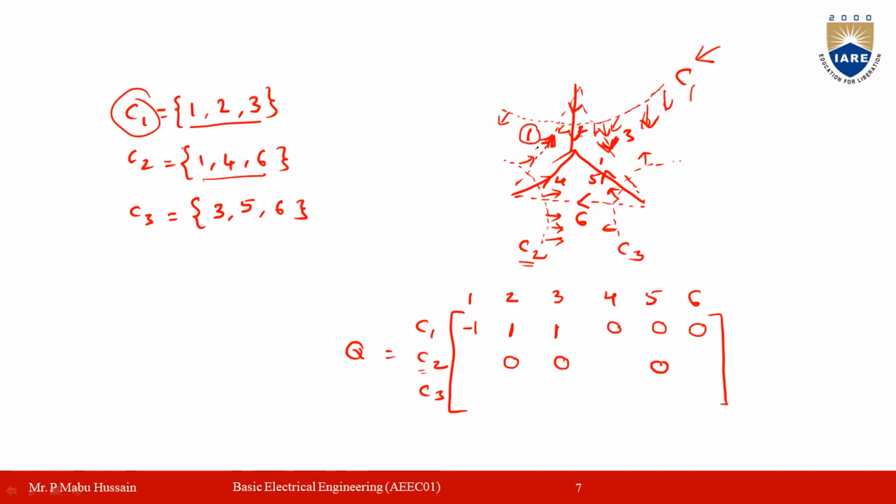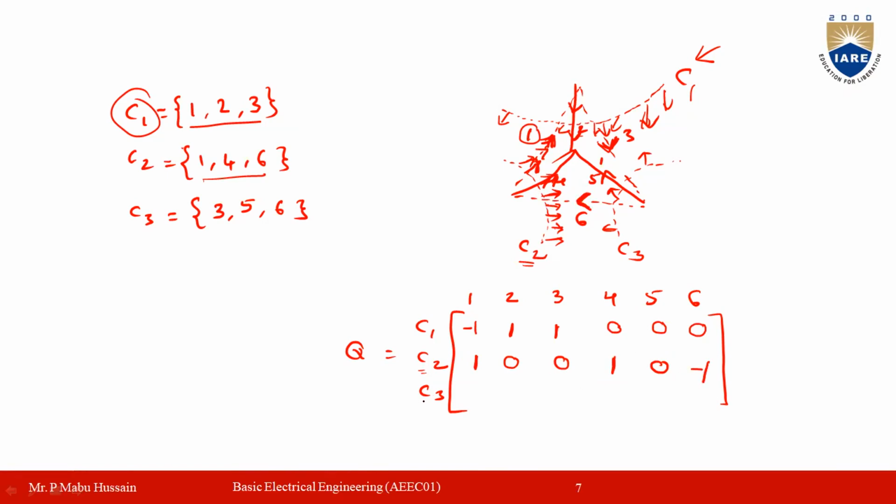Branch 1 direction and cut set 2 direction are both in the same direction, so it will be +1. Branch 4 is in the same direction as your cut set, so it is also +1. Branch 6 is in the opposite direction to the cut set C2, so here you will get -1.